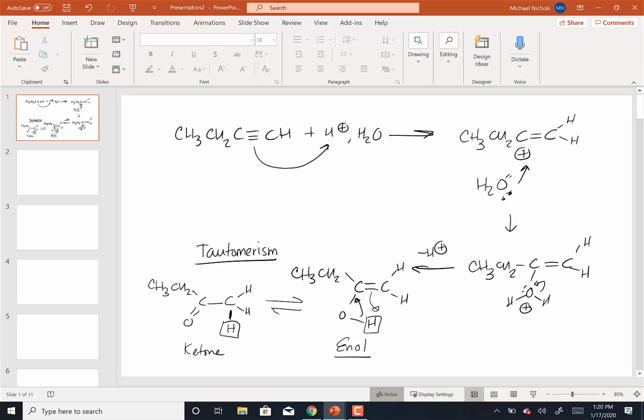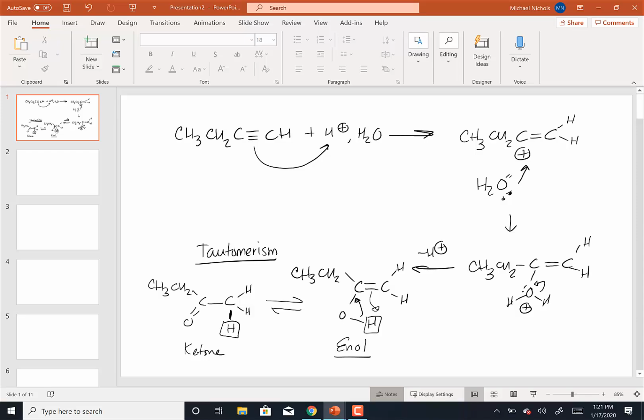So that's the mechanism for hydrating. Does that make sense? The only new step here is the tautomerism. That's the new step. Hopefully everything else is kind of like, oh yeah, we did that a lot last semester. Except in this case, we're not going to put in transition states.